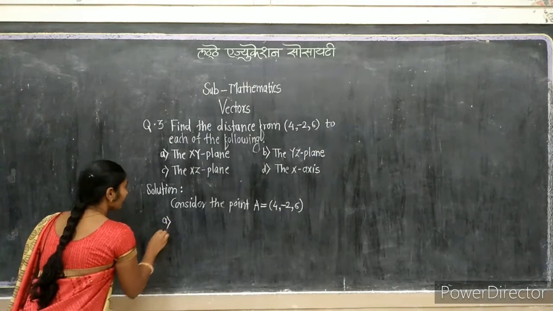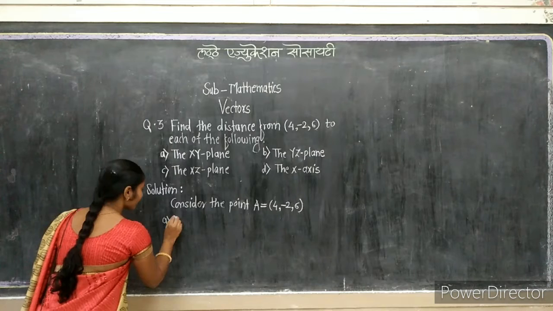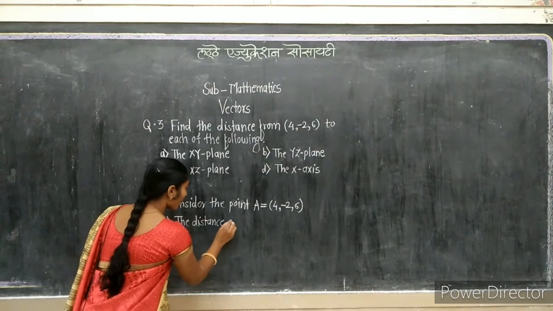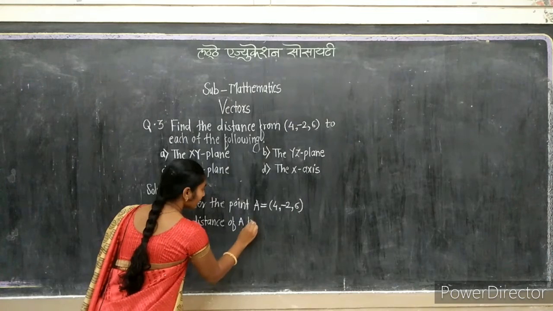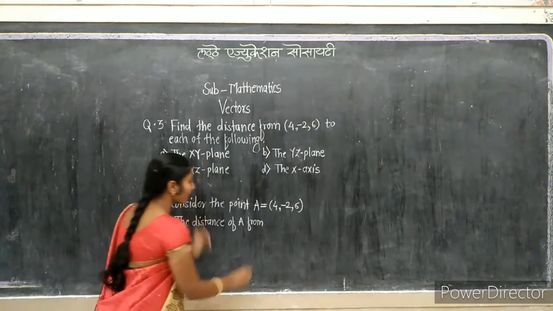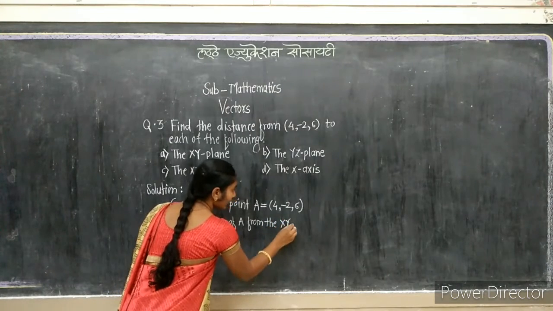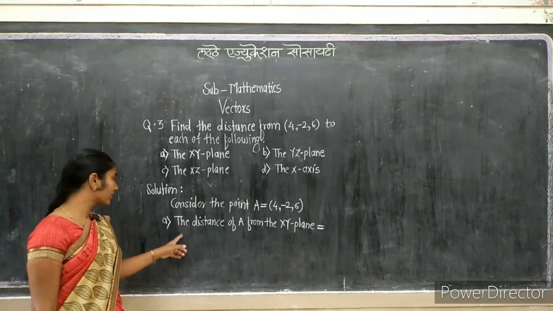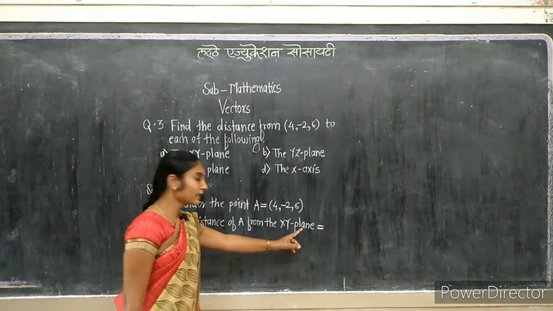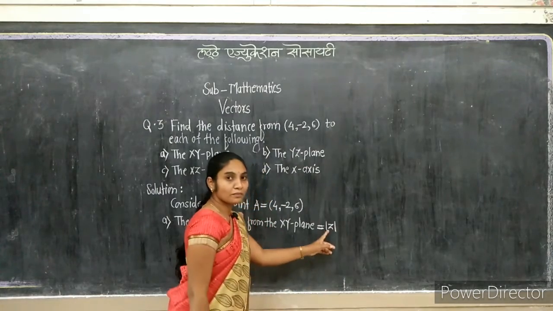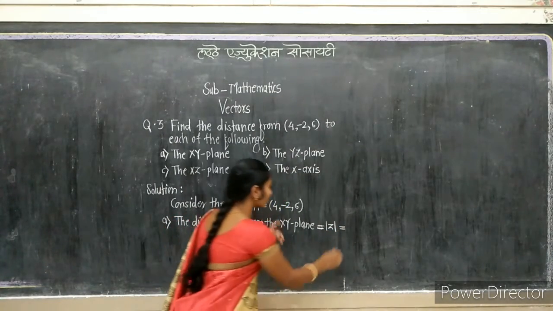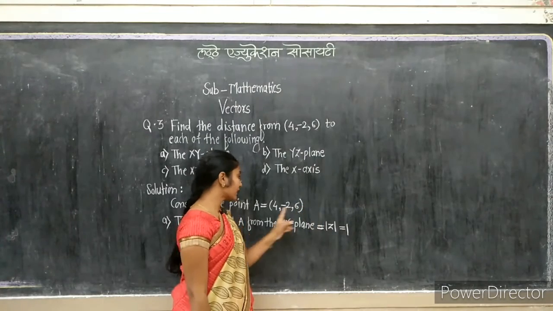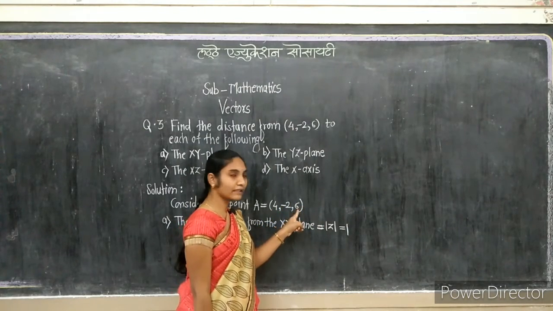First, A, the distance of A from the XY plane is, see in the video lecture, mod Z, that is modulus of Z. Here compare, A is equal to (X, Y, Z), then X is equal to 4, Y is equal to -2 and Z is equal to 6.